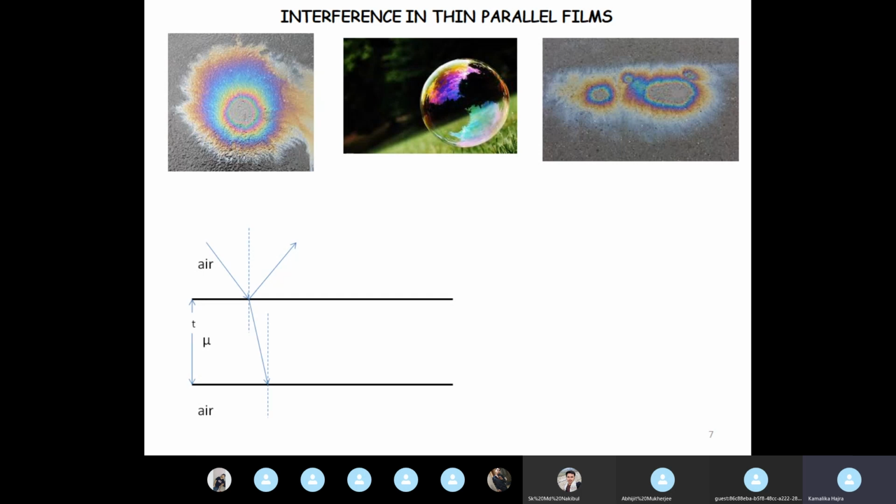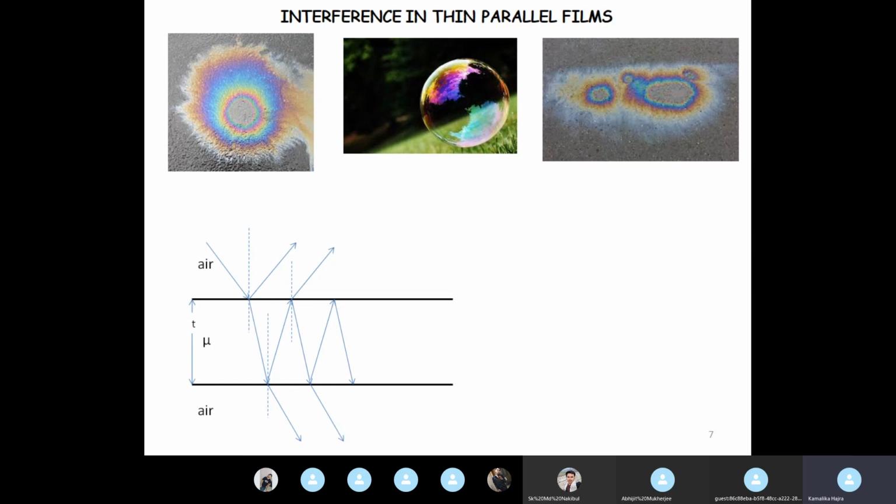Now see, when the transmitted ray hits the second boundary of this thin parallel film, again it will be partly reflected and partly transmitted. Now this ray, when hitting the upper boundary, again will be partly reflected and partly transmitted. And this new ray, hitting the lower boundary, will again get partly reflected, partly transmitted.